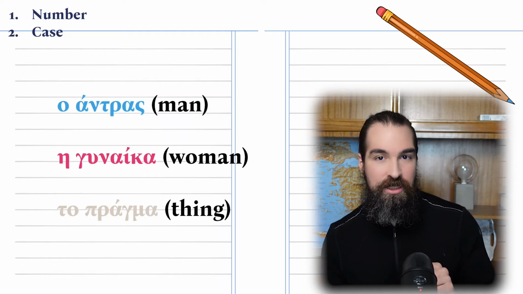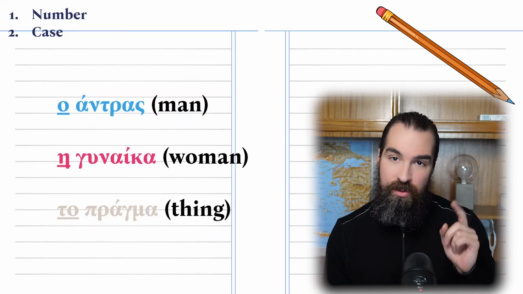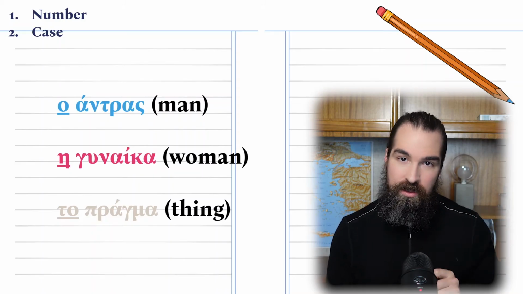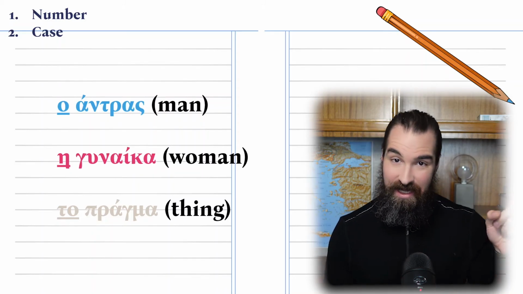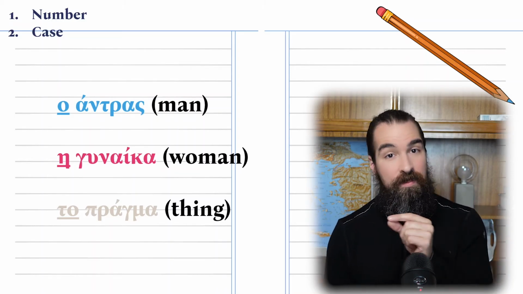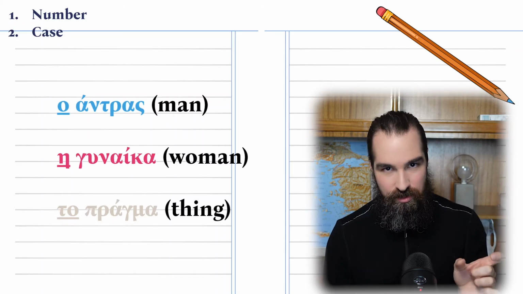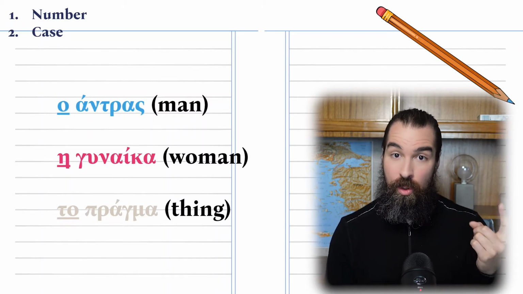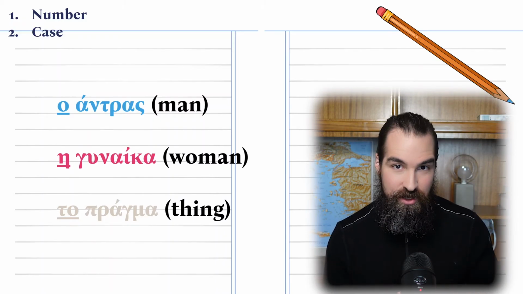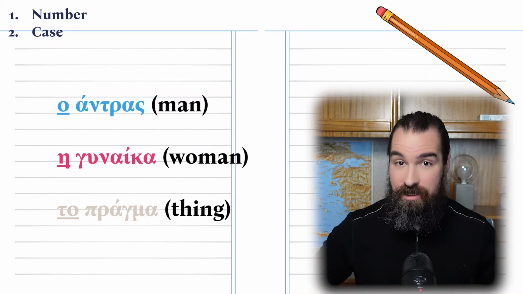I want you to actually look in front of the word at what is called the article. O in front of andras, i in front of gyneka, and to in front of pragma. Those three different articles correspond: o to the masculine gender. Whenever you see a word with o in front of it, it's a masculine word.